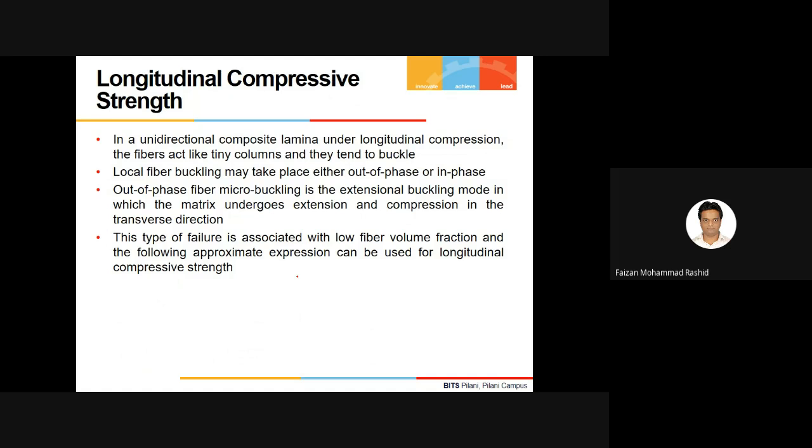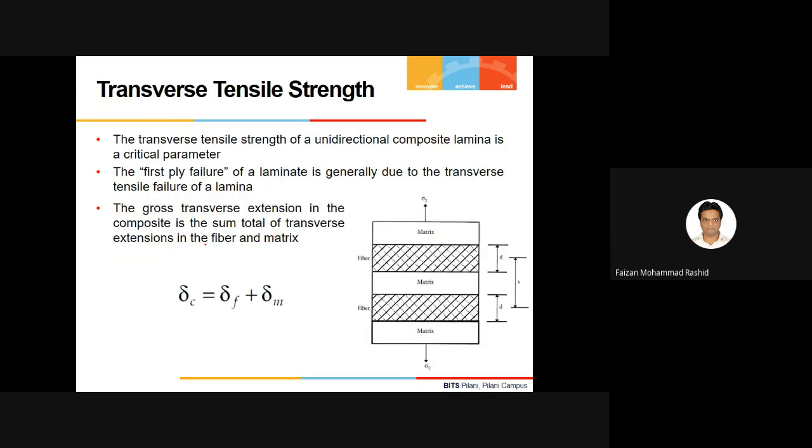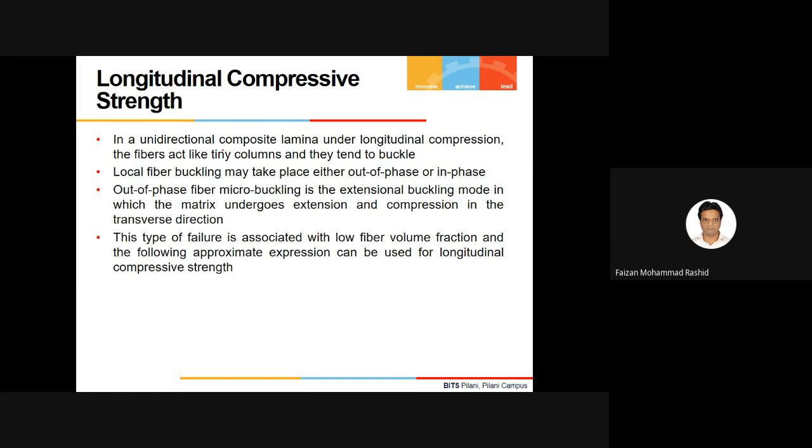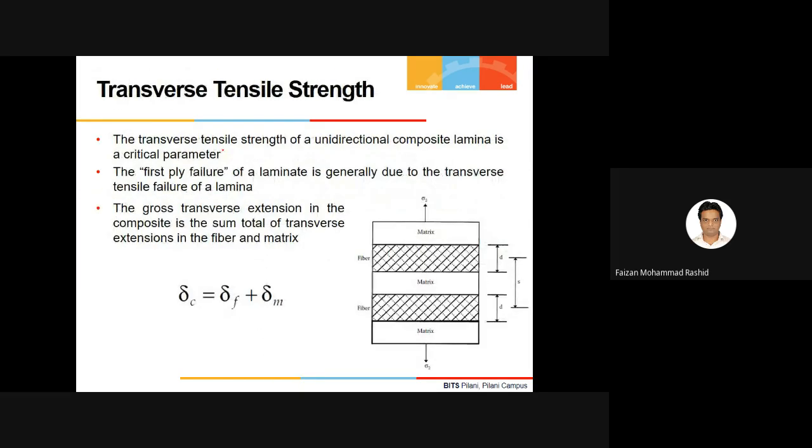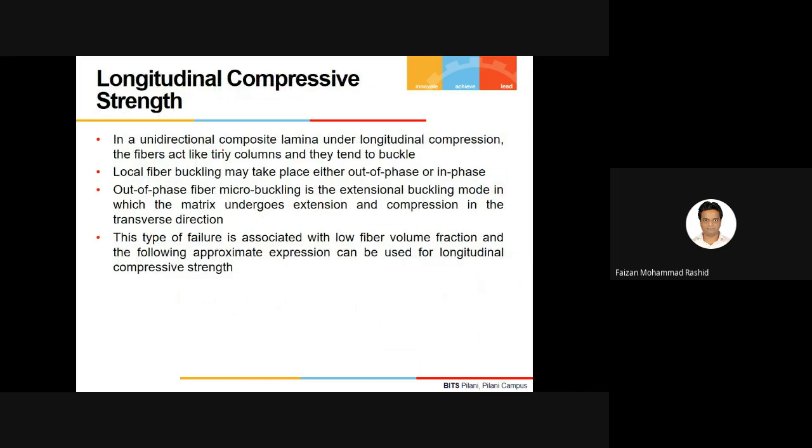In a unidirectional composite lamina under longitudinal compression, the fibers act like tiny columns and they tend to buckle. There is local buckling, out of plane buckling, and a lot of other things. The formulation and the final derivation are a very, very tedious task.